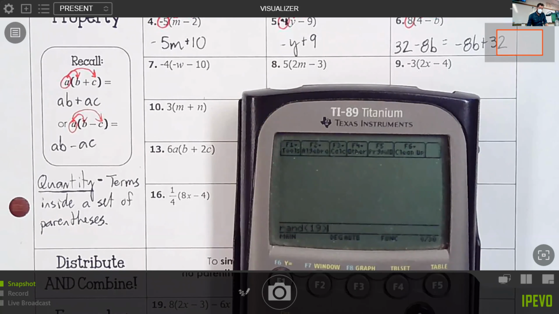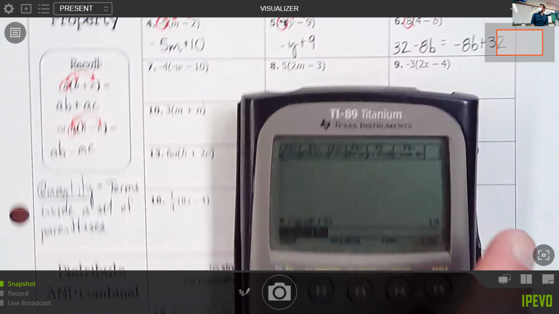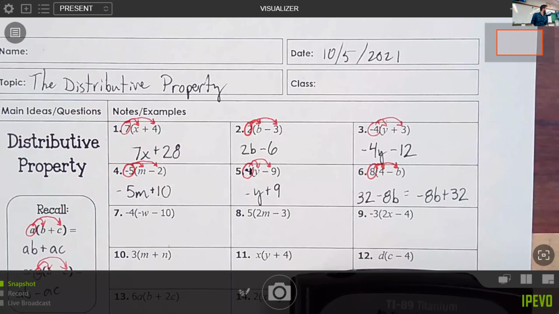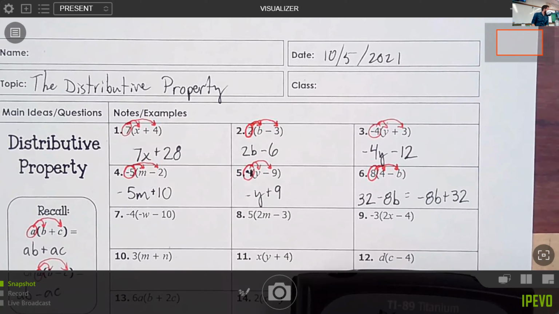So with number 7, that's going to be Sila. Do you have an answer for number 7? Can I come look at it?